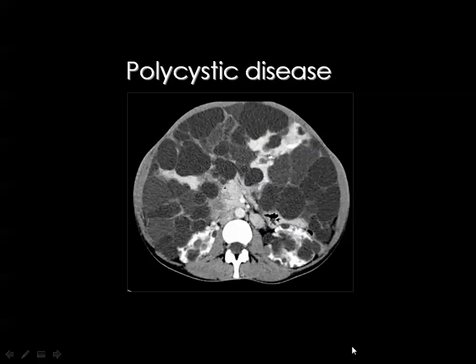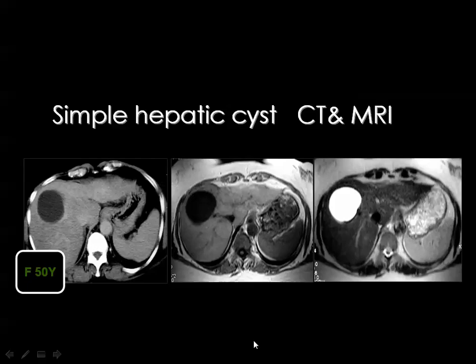And polycystic disease will be explained many times, especially when we are talking about the kidneys, and you can see many fluid containing cystic lesions in the liver as well as in the kidneys. And this is the appearance of a simple cyst by CT and by MRI T1 and T2.